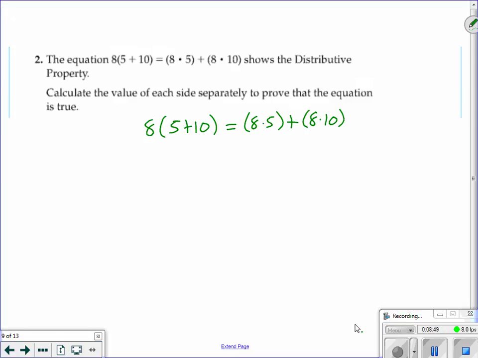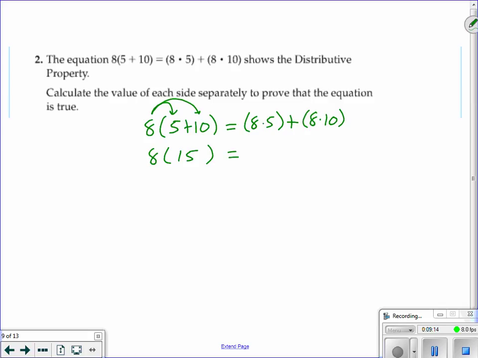Our next example here, we are just proving that the distributive property works. If you distribute that 8 times 5, and you distribute the 8 to the 10, that's where your 8 times 10 comes from. On the left side, 5 plus 10 is 15.